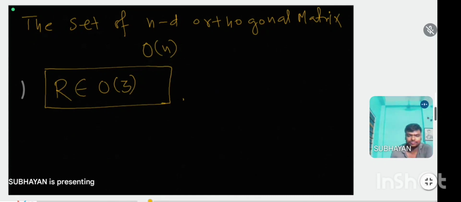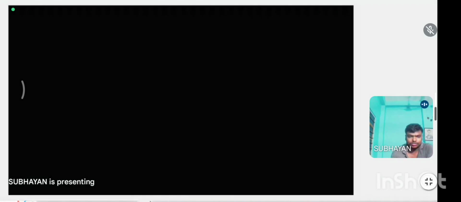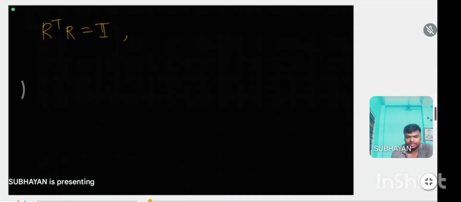Okay. Now look at the property of any orthogonal matrix. Suppose this has R transpose R equals to I. So you can say that the determinant remains the same after transposition. If you make the transpose of a matrix, the determinant will not be affected.